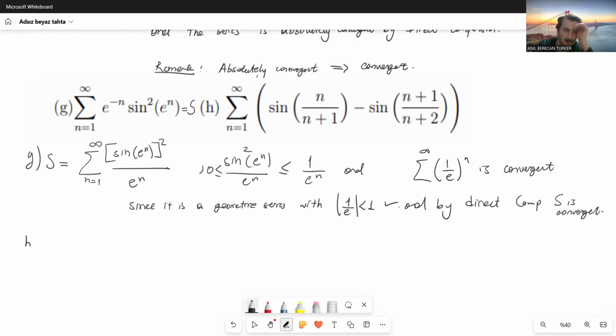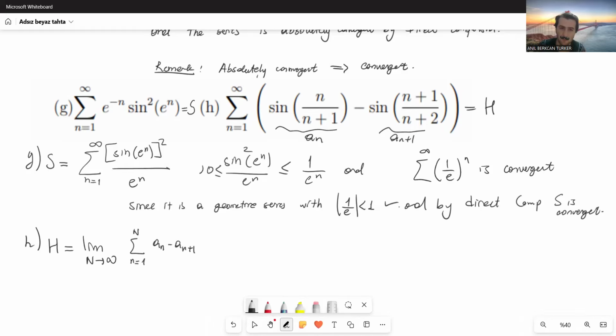So let me do H. This is a telescopic series, right? When you call this thing a_n, this is a_(n+1). So let me call this whole series big H. Big H is just the limit as big N goes to infinity of the sum from n equals 1 of a_n minus a_(n+1).